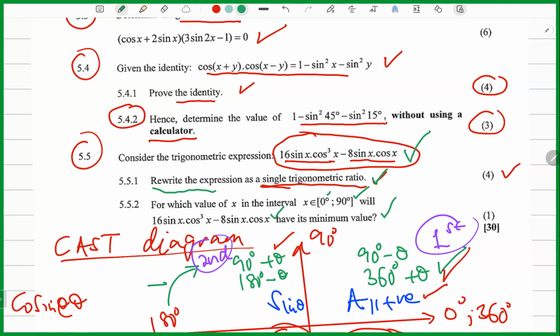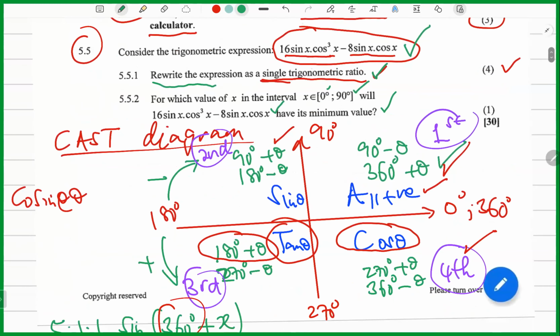Okay, let's just check that one. It's 5.5.2.